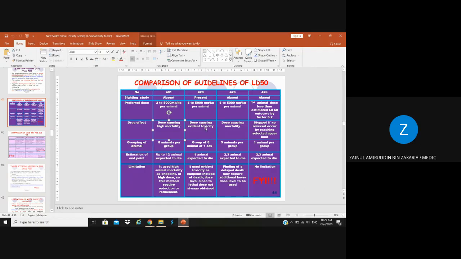If you know the dose that causes toxicity, then you should not proceed above that dose. If you use OECD 401 or 423, you need to do your study until you get a dose that causes mortality. Both, mortality.